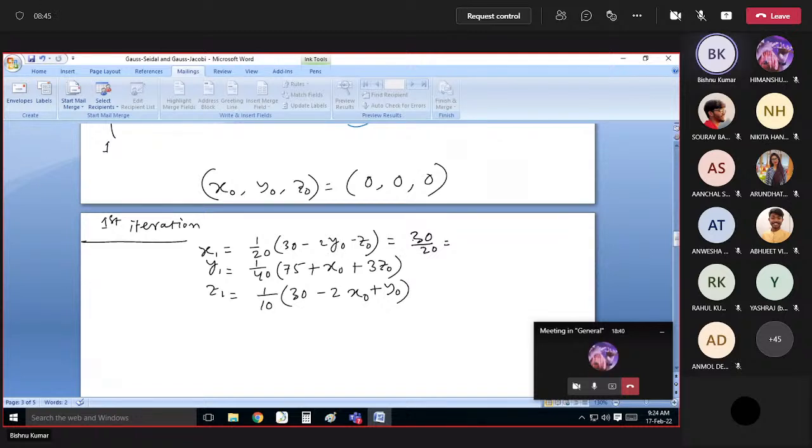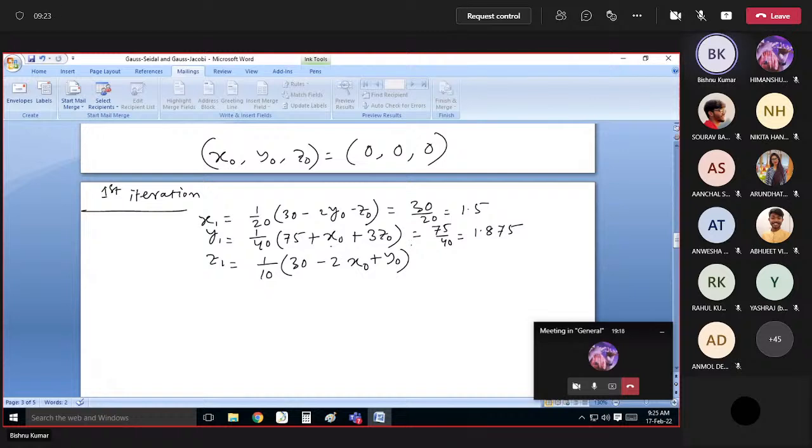With the help of calculator, quickly tell me the answer. 30 by 20 is 1.5. In the first iteration, to get y1 you are using x0 and z0, both 0, so that will be 75 by 40, which is 1.875. And for z1, it is 30 by 10, which means 3. That is your first iterated value with the help of the initial value.